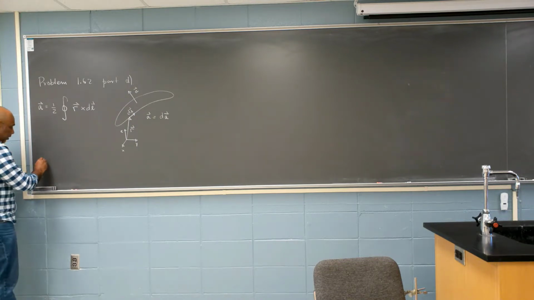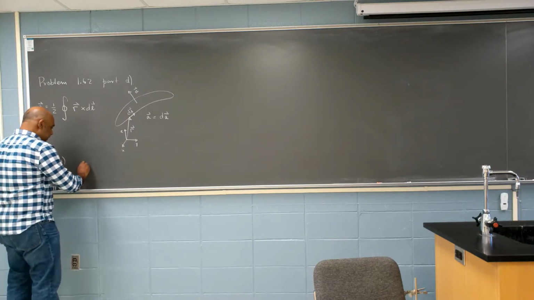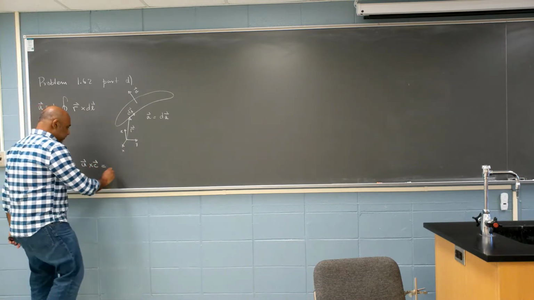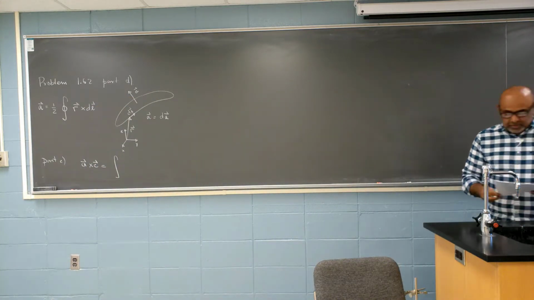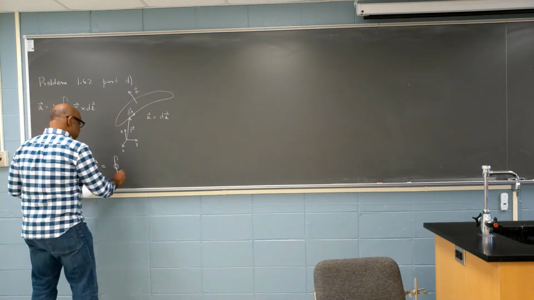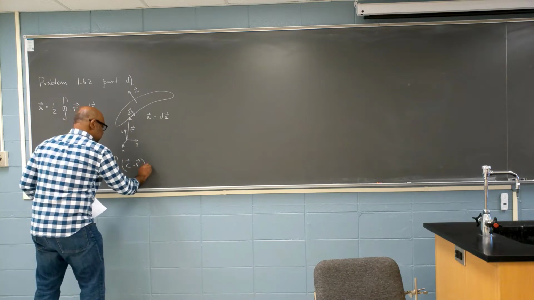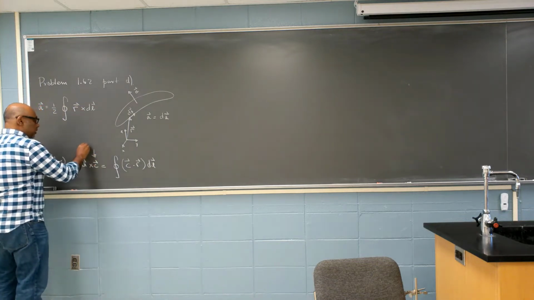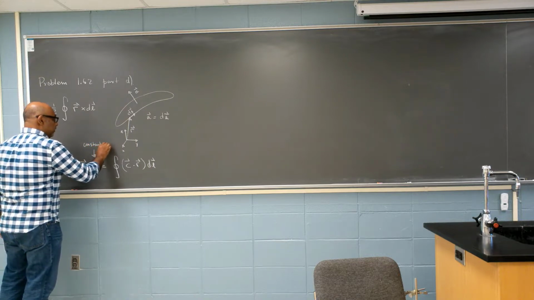Yeah? So in part E, what did I show? A cross C equals, I don't recall, I somewhat recall, but I want to get it right. C is a constant vector. Yep, this is a constant vector.